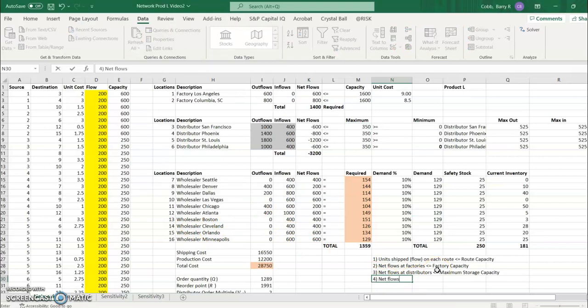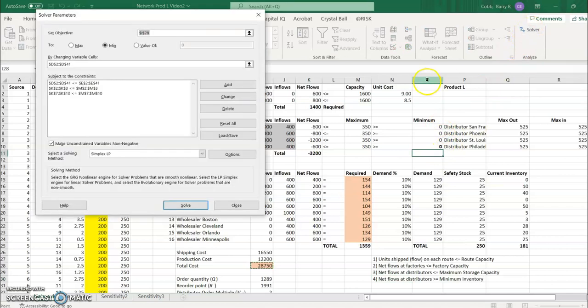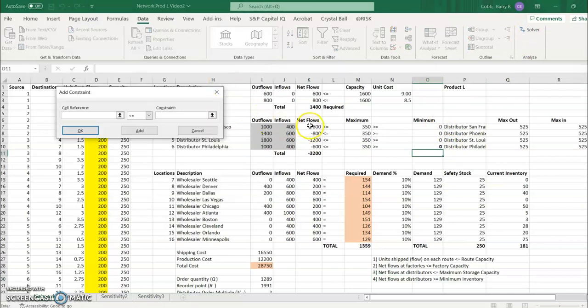Net flows at the distributors also have to be greater than or equal to the minimum. And the minimum would come into play if we wanted to hold a certain level of safety stock at the distributor. In this case, we don't have a minimum, but we'll go ahead and enter this in Solver so we have some flexibility. We want to add that later.